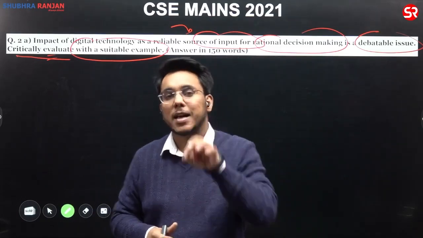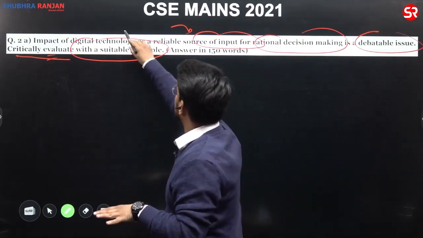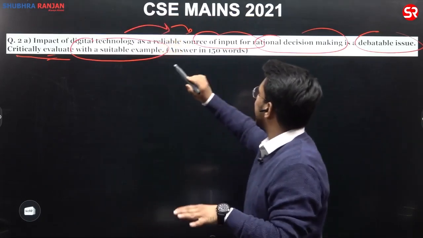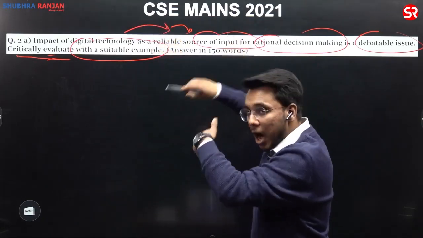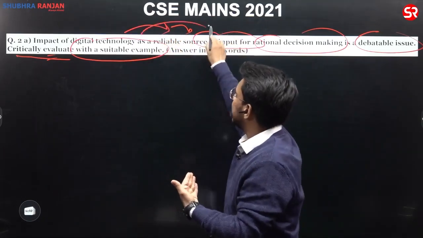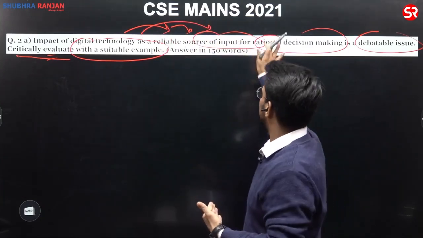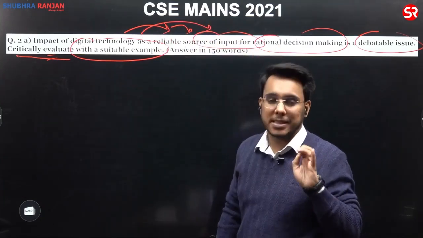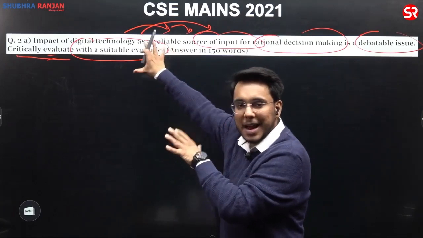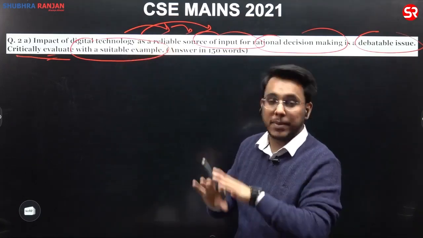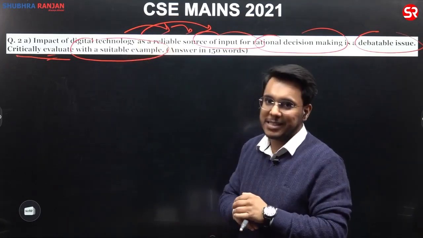You need to give the argument that why digital technology is providing a reliable source of input and how it is not providing a reliable source for rational decision making. So how they have helped and how they have not helped. Both of the things we will say here.